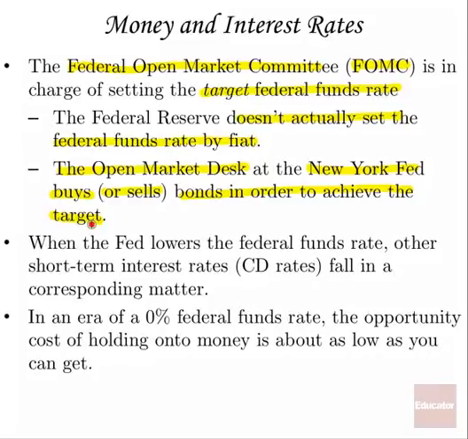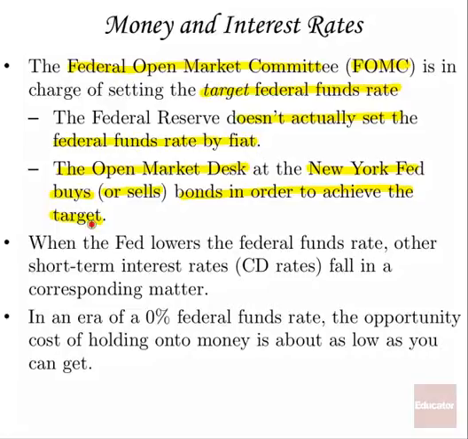As such, they're charged with buying and selling government securities. If the Fed raises the federal funds rate, then the New York Fed is going to sell bonds. They're going to contract the money supply so that the target rate gets to its desired rate. If they lower it, which they can't really do when it's at 0%, but when they do lower it, they buy more bonds.